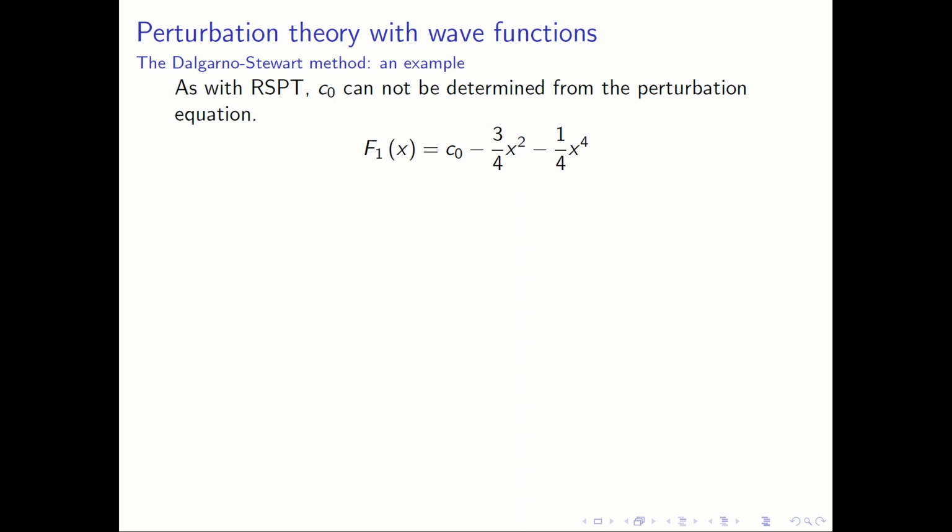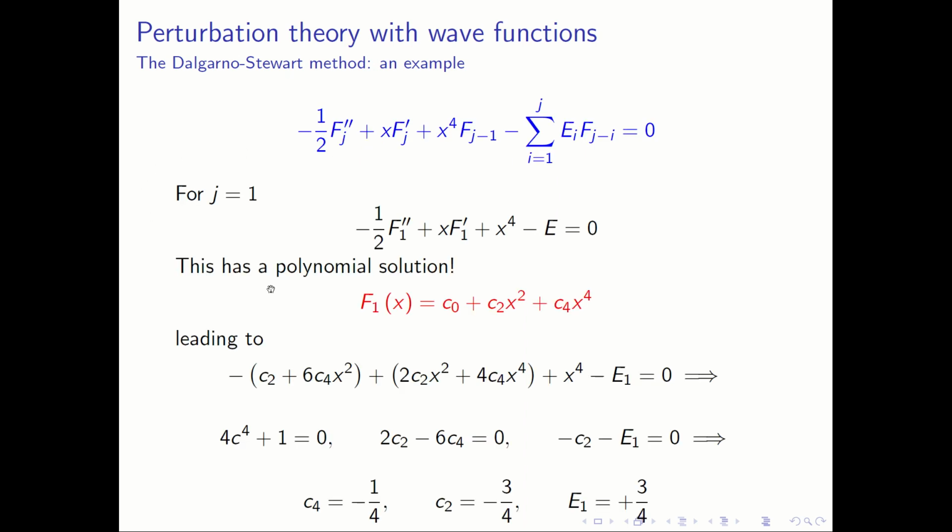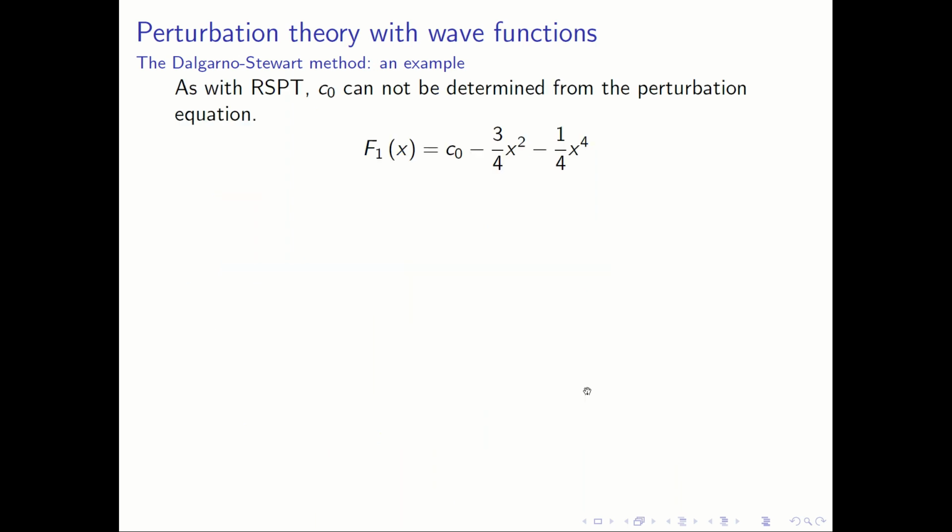Notice that once you do the second derivatives here and the first derivatives here, the c0 drops out entirely, and so there's no way you can find out c0 from this equation. So this is what your f1(x) is, with some c0.